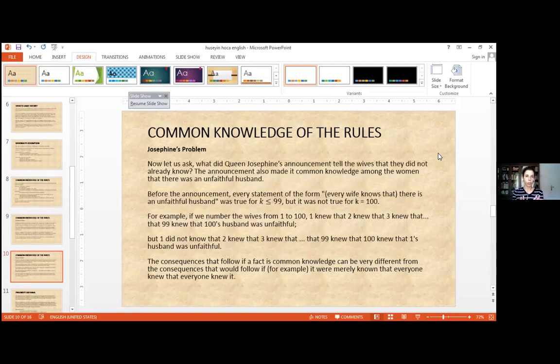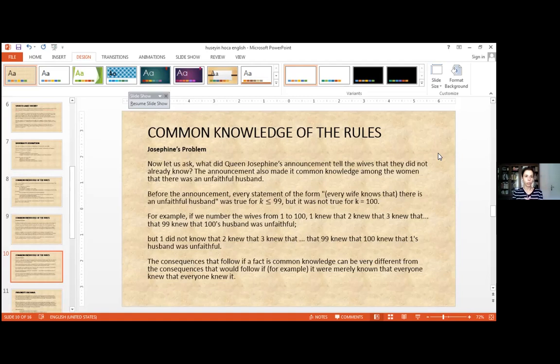If there is only one unfaithful husband in this village, then every woman in the kingdom knows, except his own wife, who believes that everyone is faithful. Thus, as soon as she hears the announcement, she knows that her husband must be unfaithful, and she shoots him the following night.